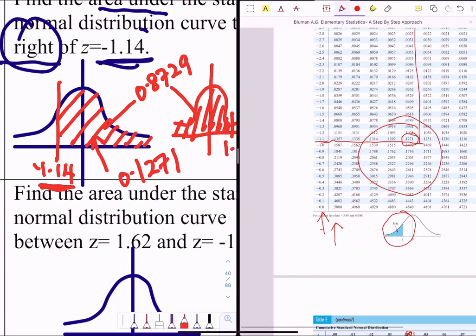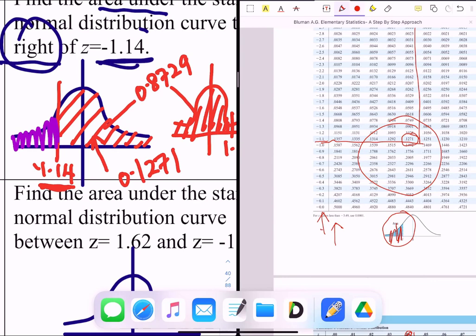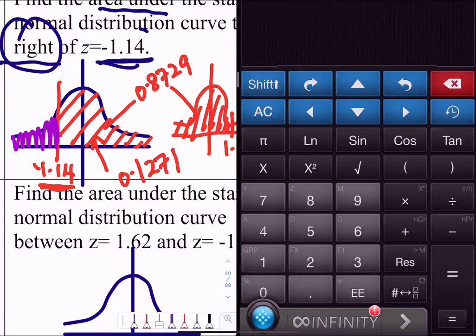Area yang sebenar kamu dapat adalah area kawasan sini. So when you get this area, you need to minus from 1. Kamu kena tolak dengan 1. Jadi 1 minus 0.1271 equals 0.8729. Here is the value, the correct one.